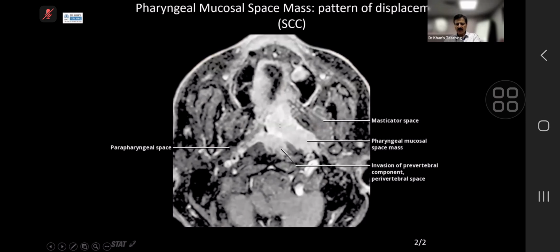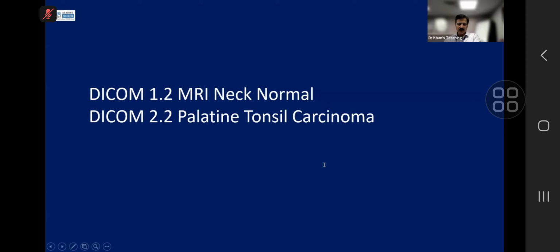So this is from StatDx, enhancing squamous cell carcinoma. And the main point is that you see the mass is this, and it is displacing the fat posteriorly and laterally. So now we will see an MR, and we will also see an abnormal case.